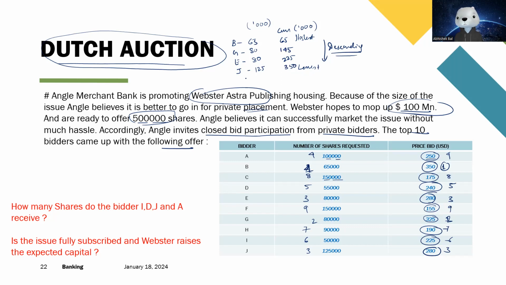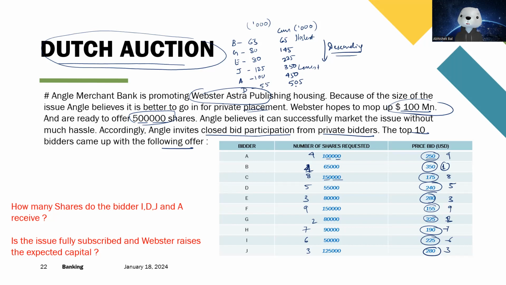Okay. After this is A. A gets 100,000, so that becomes 450. And then we have D. D has quoted for 55,000 shares. So here, if we add 55, now this becomes 505,000.